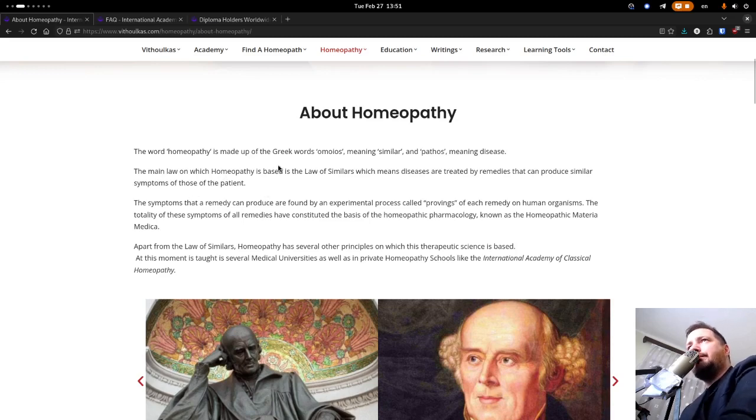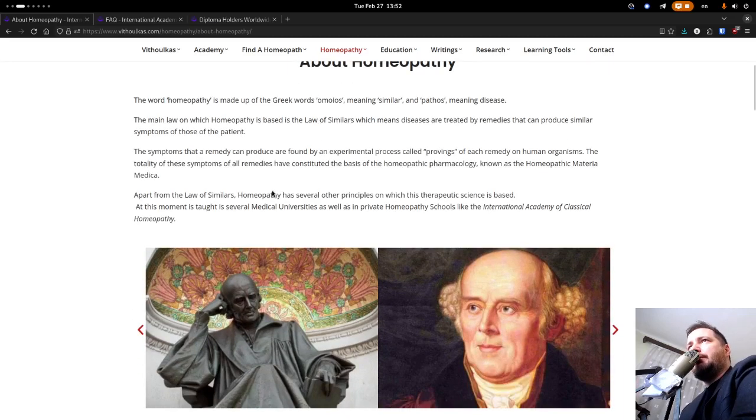But of course, it's much more complicated than that, right? The symptoms that are produced by a remedy or a substance are not always as obvious as coffee, right? So what we need to do in homeopathy is something called provings.